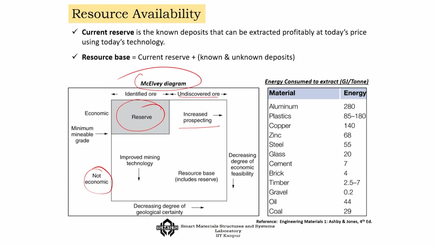And we have to choose our material keeping the reserve in mind, not the resource potential, because it may not be commercially feasible to extract, because for each and every material there is an energy that is consumed to extract it, and you can see that that comes down sharply as I come down in this list. So, accordingly I can think of the material for us.